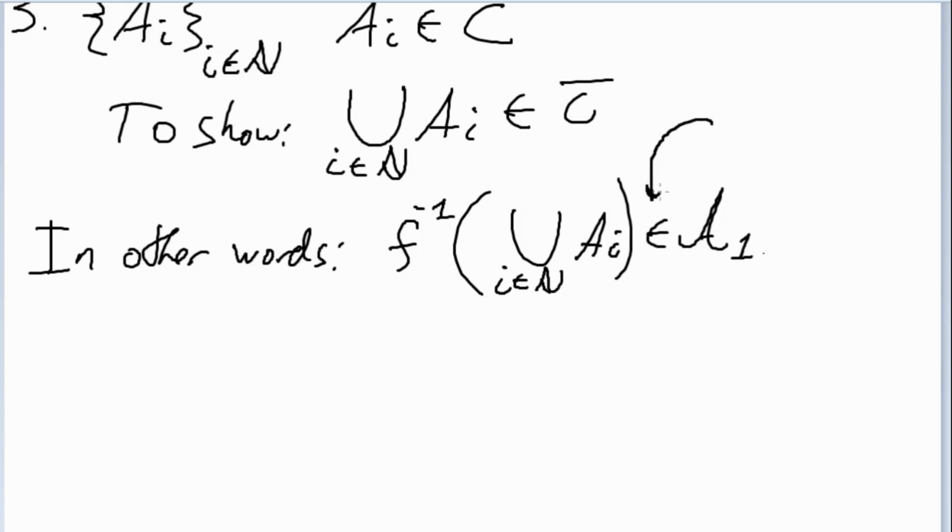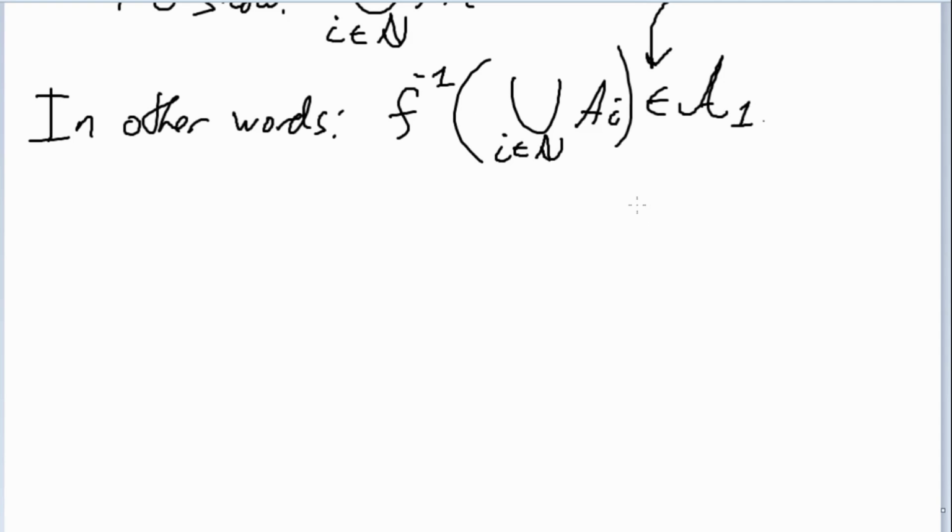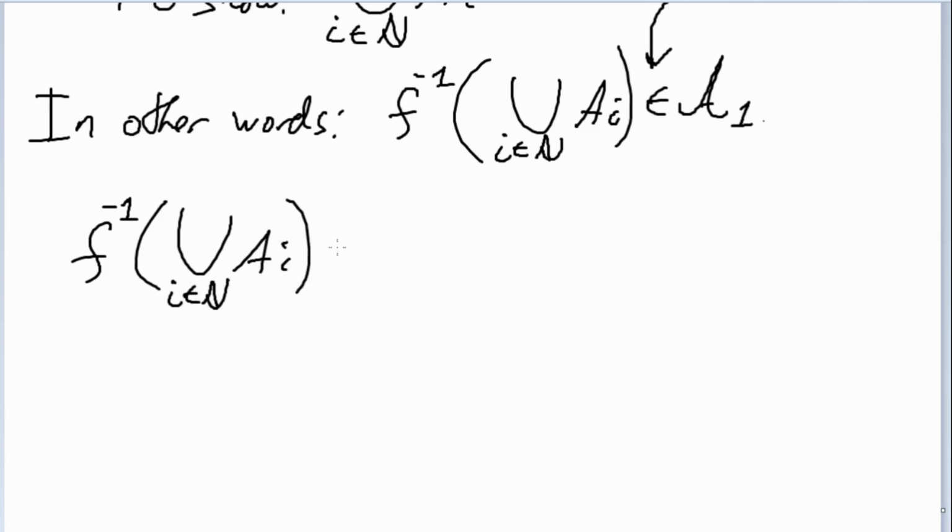I don't know how to do it, so I'm going to insert something at this place, and instead I'm going to prove two things. I'm just going to rewrite, first of all, what we have over there. That's going to be equal to this. This is what I'm asserting here.